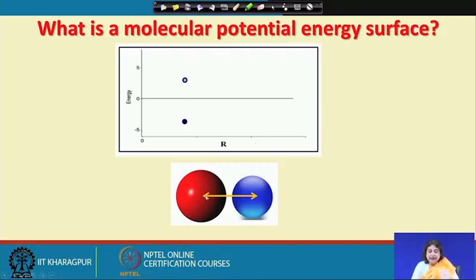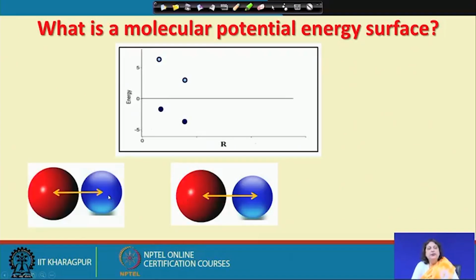I can fix the relative separation of the two atoms at different values. For example, if I fix it at this value, which is smaller than before, these are the corresponding values of the ground and the first excited electronic state of this molecule.